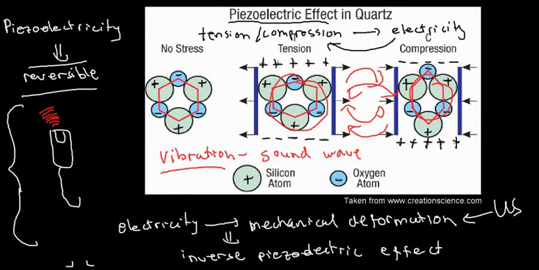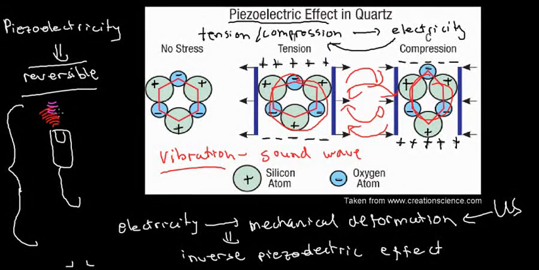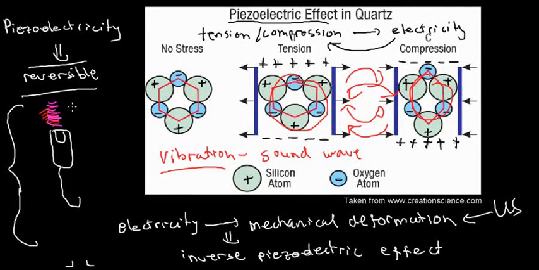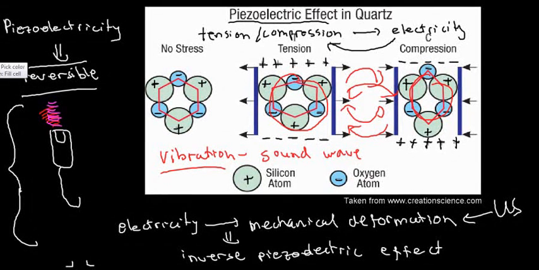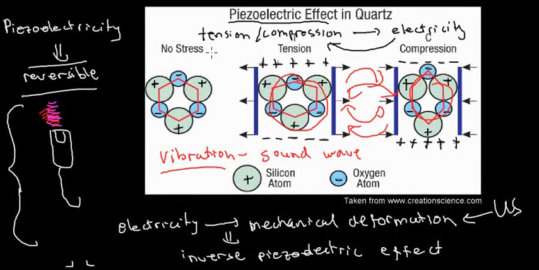Now the thing is that ultrasound, and we'll learn about that, is also being reflected back. And how would I be able to read the ultrasound that is reflected back? Well, think about it. If I only had a way to take mechanical deformation and get information from it, oh, wait a minute, I already have that. It's called the piezoelectric effect.